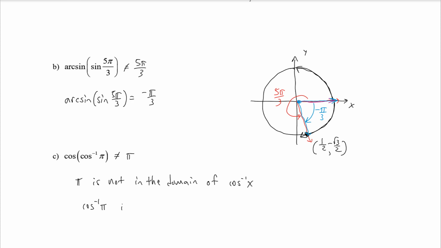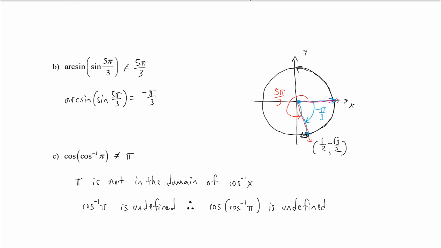Inverse cosine of pi is undefined. So the very first thing you try to do, inverse cosine of pi, that's not even a possibility. That's not even a number. So therefore, cosine of inverse cosine of pi is undefined.